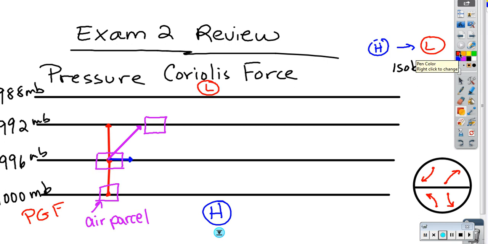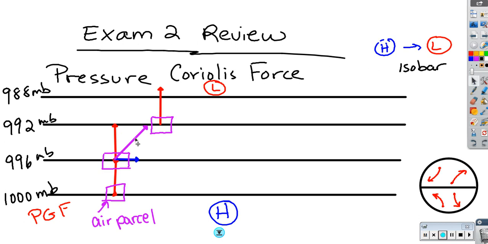So now we draw our arrows again. We're going to have our pressure gradient force still across the isobars this way, and now I'm going to consider this purple arrow, and let me just temporarily move it this way. This is the direction that the parcel was moving previously.